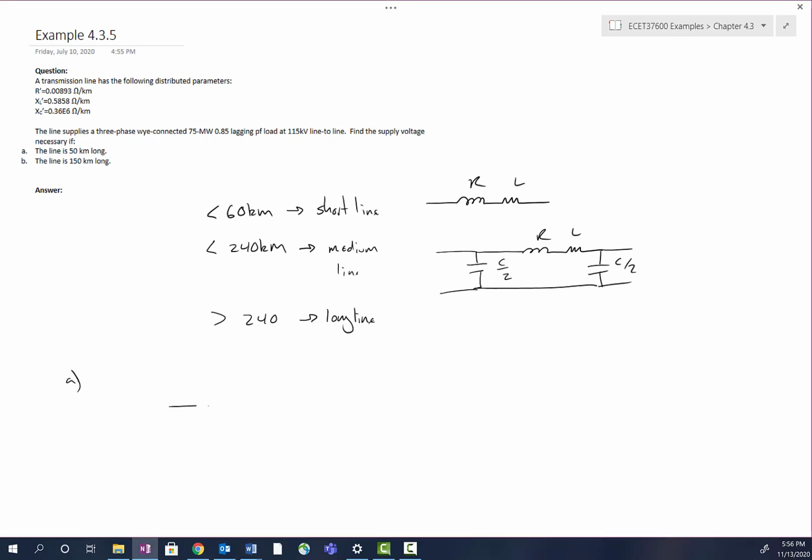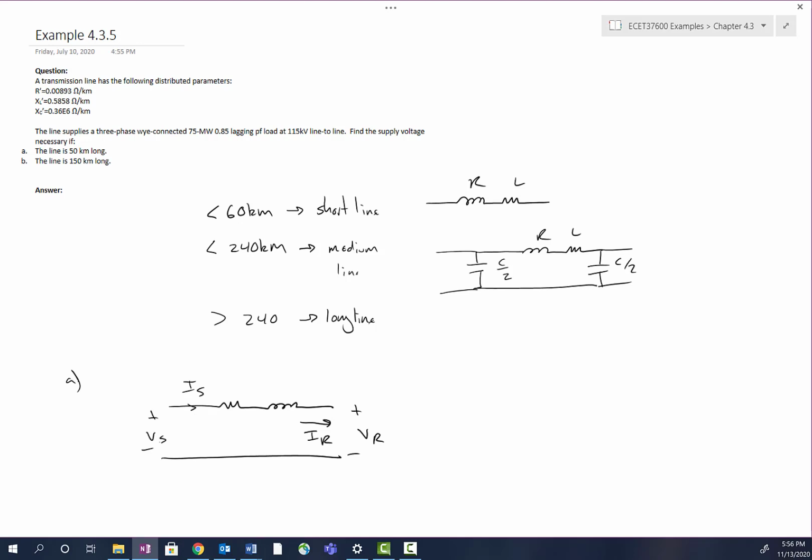We've got this model. We've got a series resistor, series inductor. We call this the receiving end voltage. That's the voltage that's going to the load. So we've got the load current, or the receiving end current, and in the input we've got the source current and the source voltage.